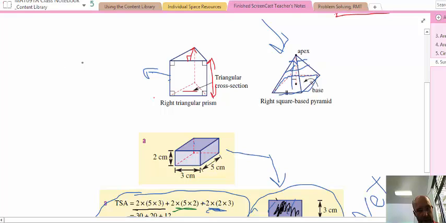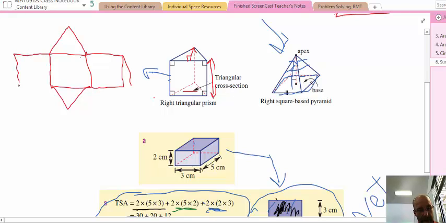This would have 2 triangles and a rectangular base. So you've got the rectangular base, and on the rectangular base you've got your 2 identical triangles. Then you've got 2 sides that come off, which are 2 more rectangles. That's a bit crooked, isn't it, Mr. Herbert?